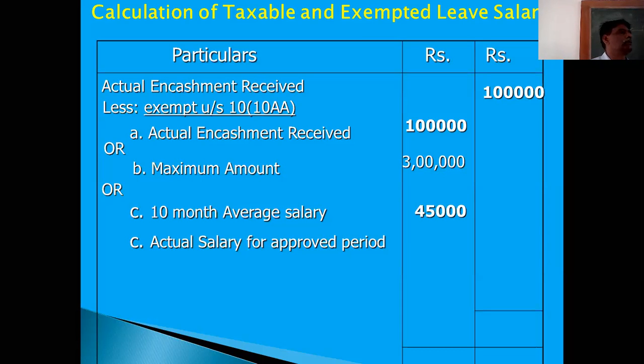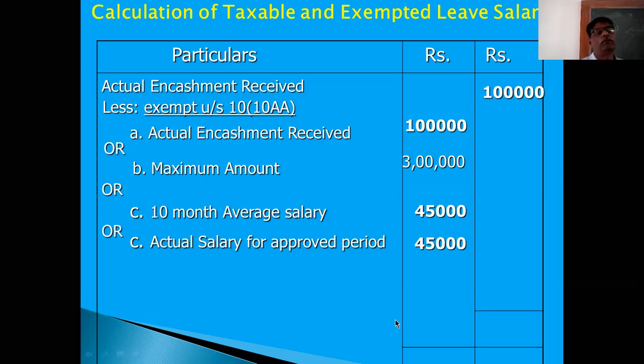300 days means how many months? In a month, on an average, you have to take 30 days. Then 300 days means how many months? 10 months. 10 months salary means per month salary, last salary is 4,500. 4,500 into 10 is 45,000. 45,000 is the salary for the actual approved period.